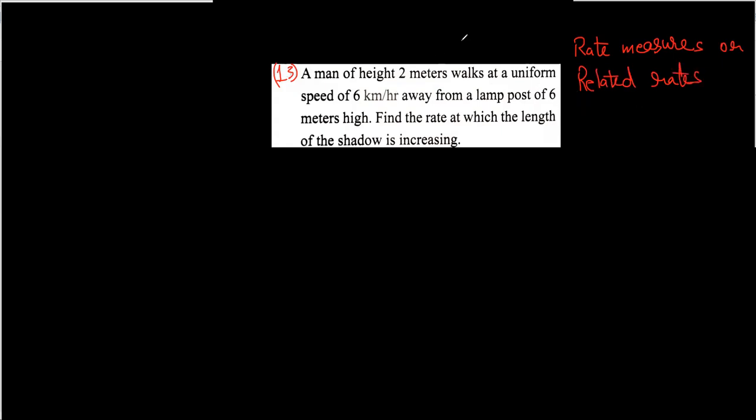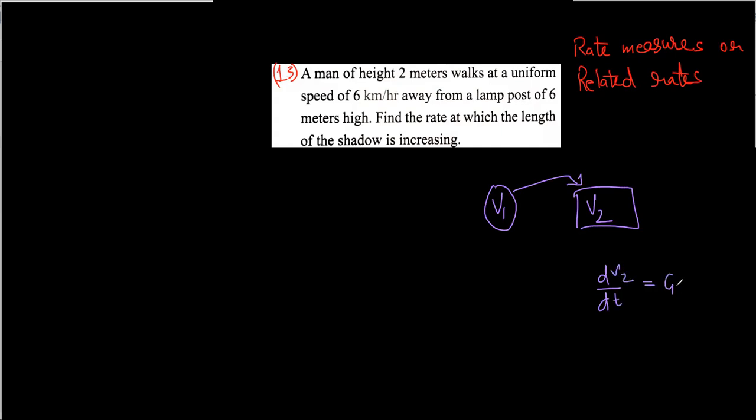And in this kind of questions, we will have two variables, say variable 1 and variable 2. Variable 1 depends on variable 2. We are given the rate of change in variable 2.